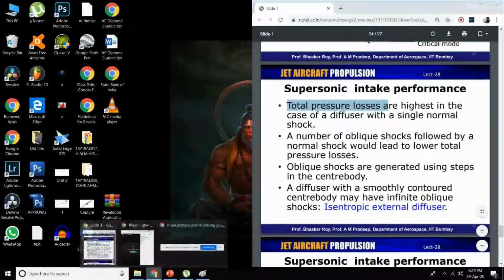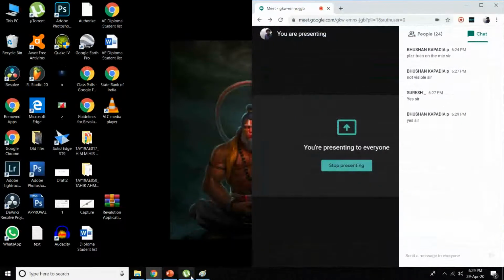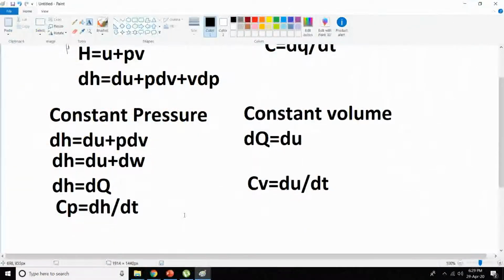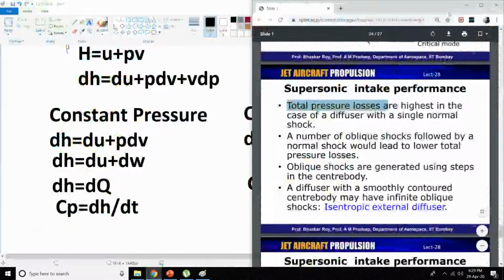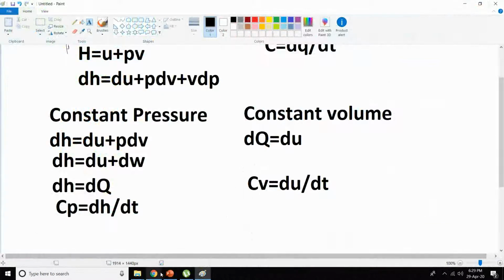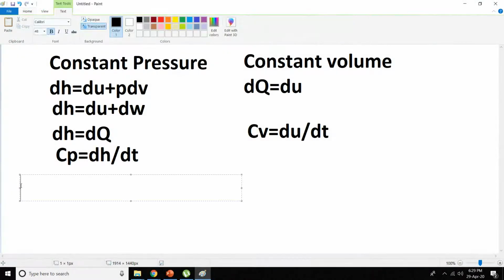So once you've gotten to that point, the next thing you need is your stagnation point. Since yesterday I've been stressing on stagnation point, I'll just write the definition here.